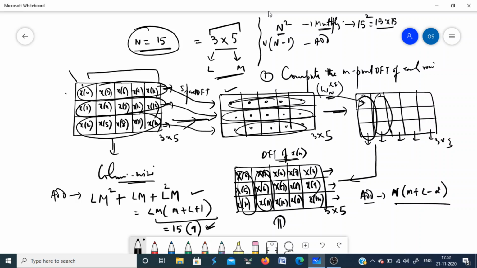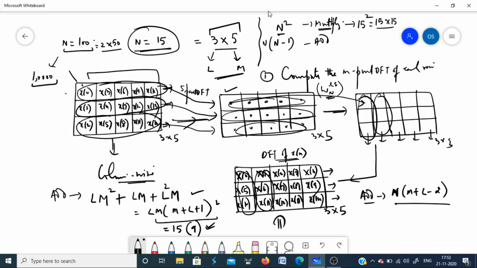Or suppose I want to compute the 100-point DFT of a sequence, and I decompose 100 into two factors, 2 into 50. You can also decompose into 10 into 10, no issue. In case of direct computation, I need N squared multiplications, 10,000.